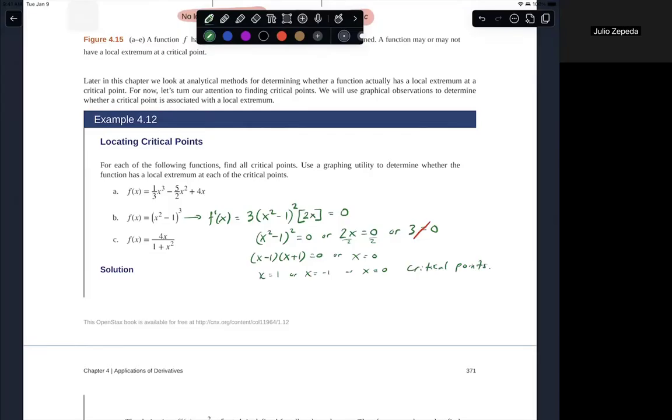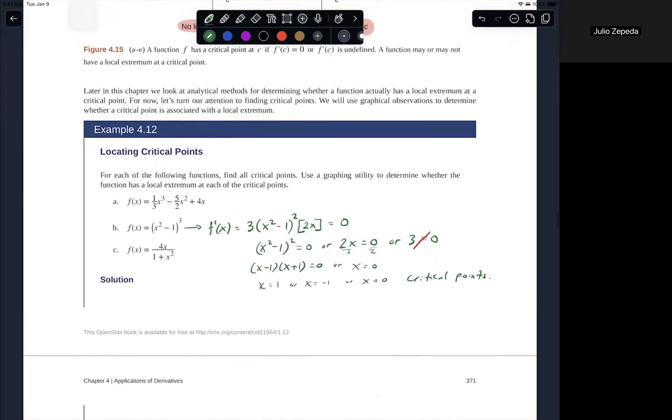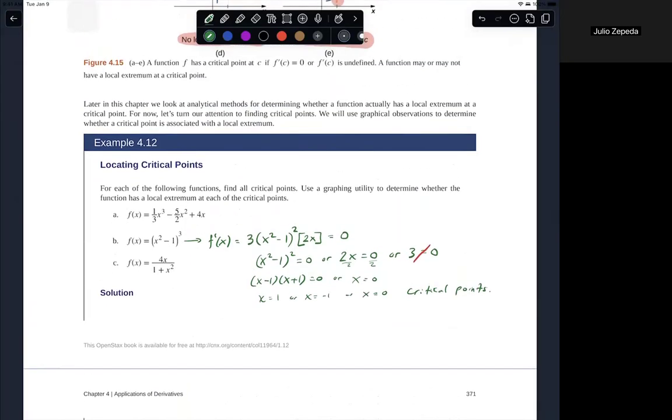So there may or may not be local maxes or mins at these three x values, and there's a way to determine this. I'll wait till section 4.5, and we can just look at the graph. We found the critical points. That's what we were asked to find.